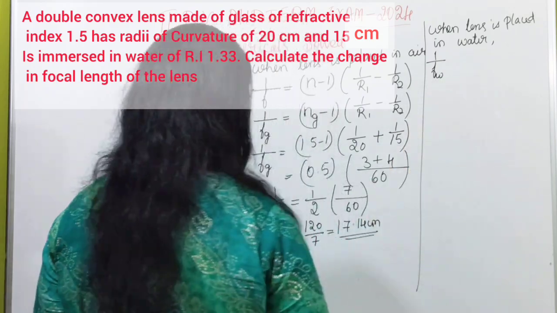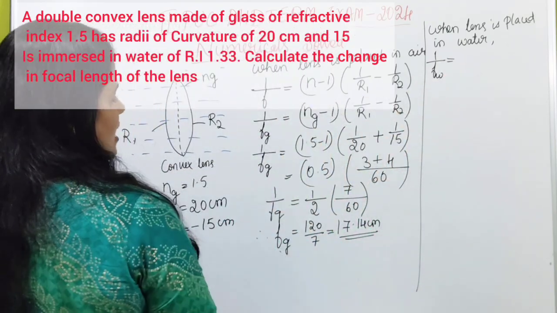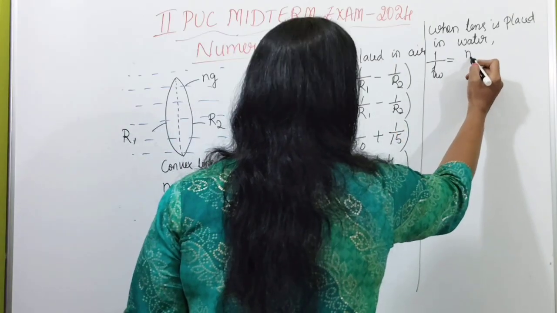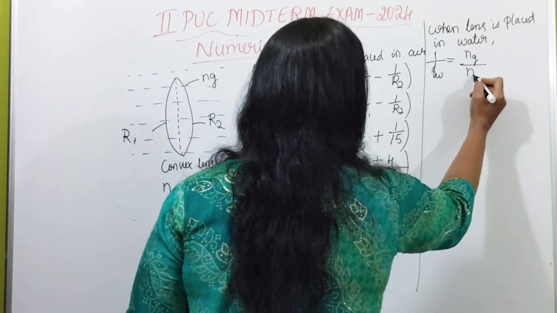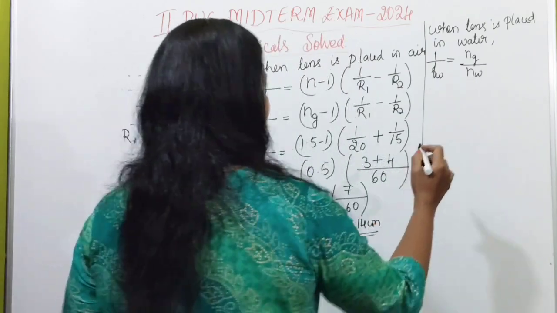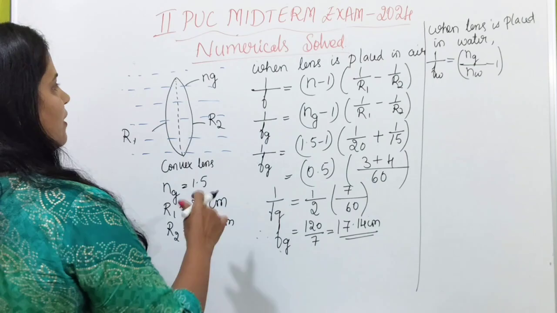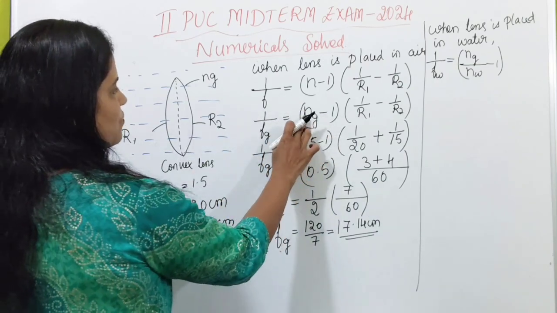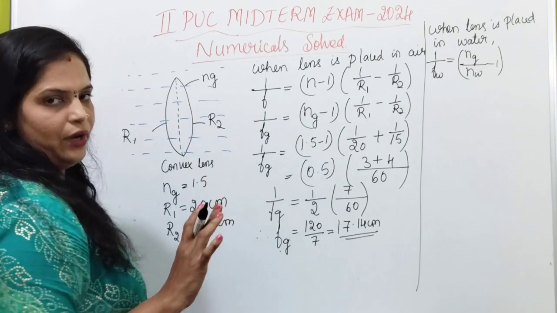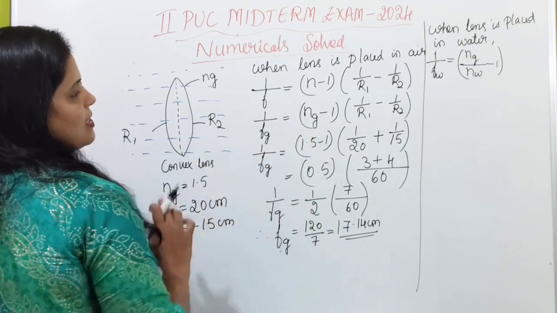Let it be FW. So here we are not writing the refractive index as it is. We need to write refractive index of glass with respect to water, Ng by Nw, minus 1. Is this clear? Refractive index of glass with respect to air, air is 1. That's why Ng by Na is Ng only. Ng by 1 will be Ng. So I have written it as it is.